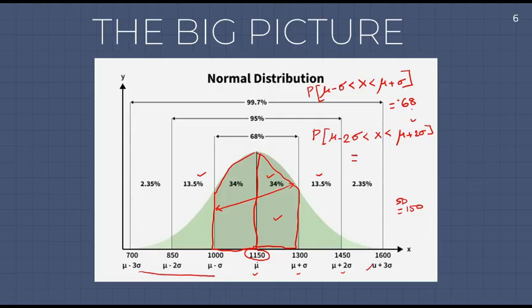If you add this 0.27 to the 0.68 we already have, you get 0.95. And then if you add 2.35, you get almost very close to 1, and that's where this rule comes from.